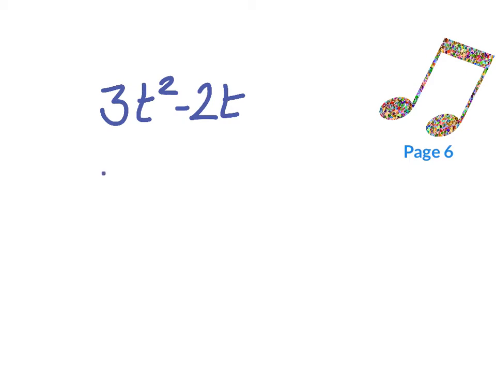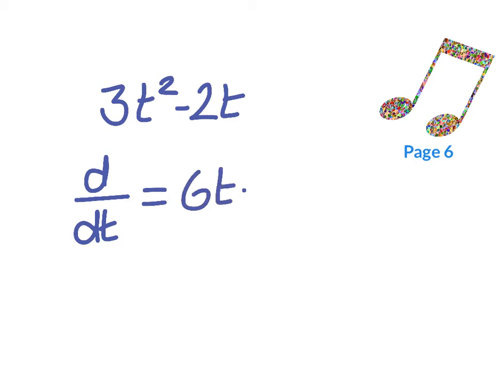So to differentiate, I'm just going to write d by dt, which means I'm differentiating with respect to t. I don't have a name for the variable, which we normally call y. We're going to differentiate as normal. 2 times 3 is 6, 6t, take away 2.